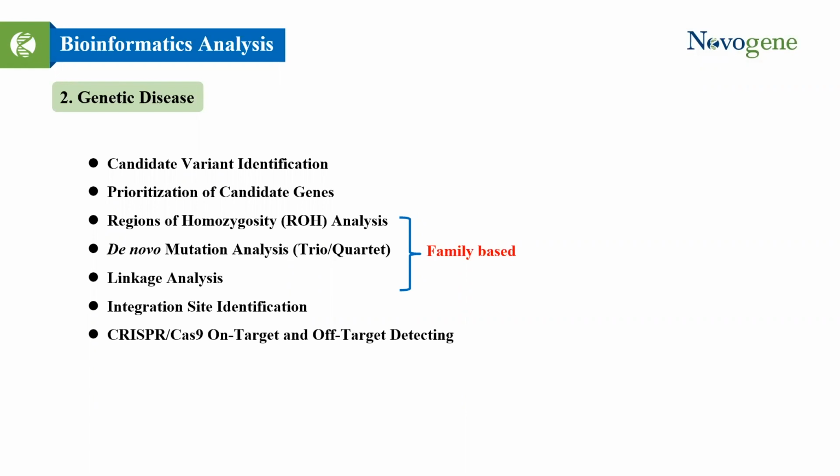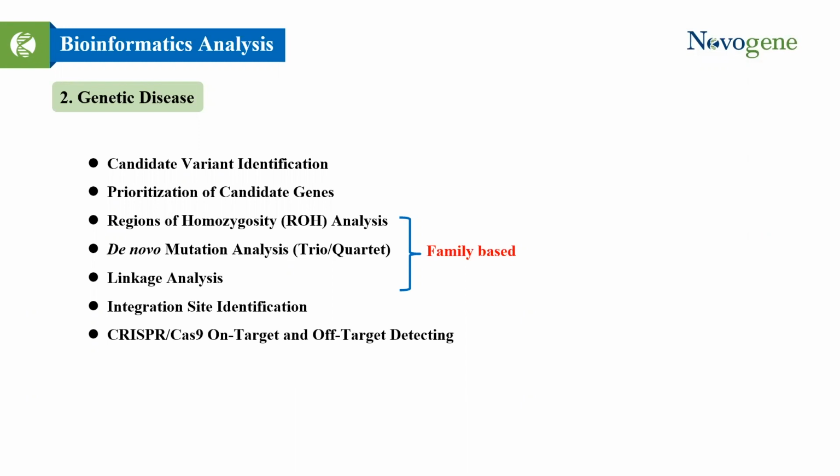The only thing that I need to emphasize is ROH analysis, de novo mutation analysis, and linkage analysis. These 3 are family-based products. If you would like to order them, please don't forget to send us samples from different family members.